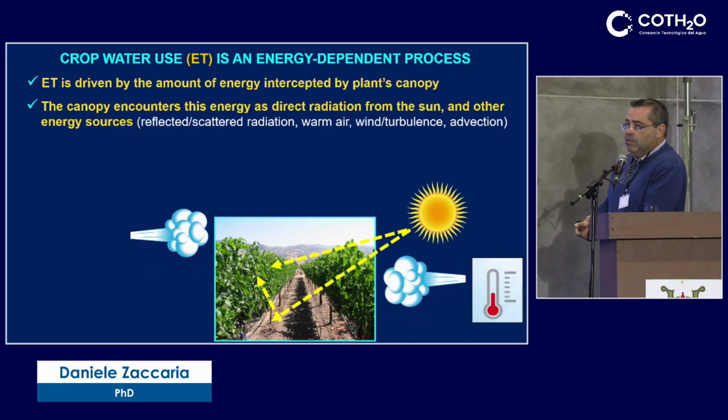And also there are masses of warm air moving around, and the wind is creating some turbulence around the vines, and so that's a source of energy that replaces the air around the vines, and so the vines have to put themselves again in balance with the rest of the atmosphere around.